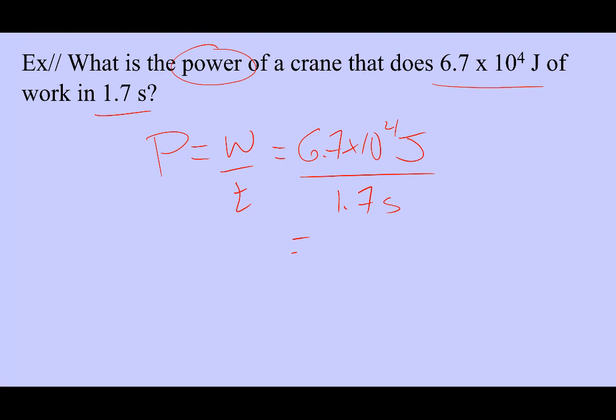If you're following along at home, feel free to pause the video and punch it in yourself. I'm really just dividing these numbers. What could go wrong with it if you don't do the scientific notation right there? Anyways, here's what it says on my calculator: 39411.76. And I'm going to round that off to 3.9 times 10 to the 4 joules per second, or watts.